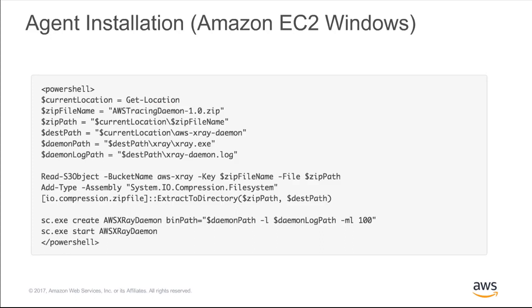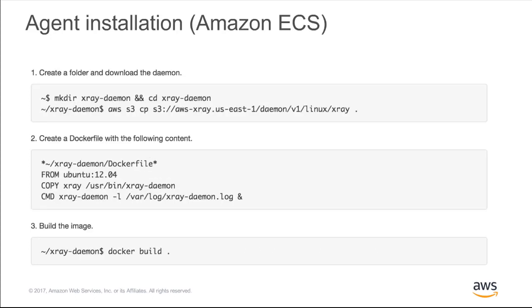Similarly, if you wanted to install the agent on Windows, we provide the agent both as a process as well as a service, and then you can use PowerShell to get that installed. And finally, if you wanted to run this on a container, either on ECS or Kubernetes or any other container orchestration system, you can build a Docker container very easily by downloading the binary that's available again on S3 and then baking it into your Dockerfile so that you can run it.